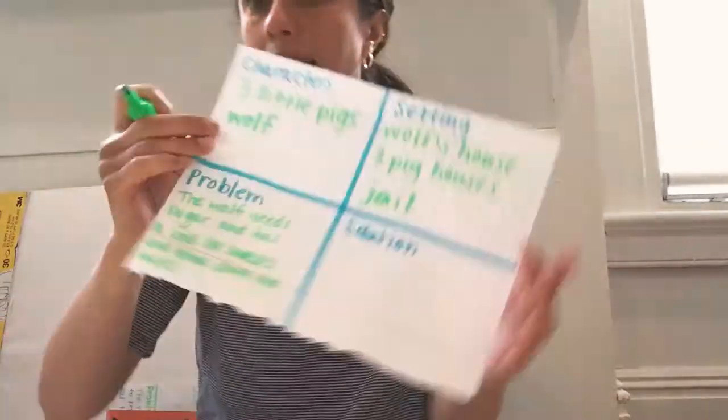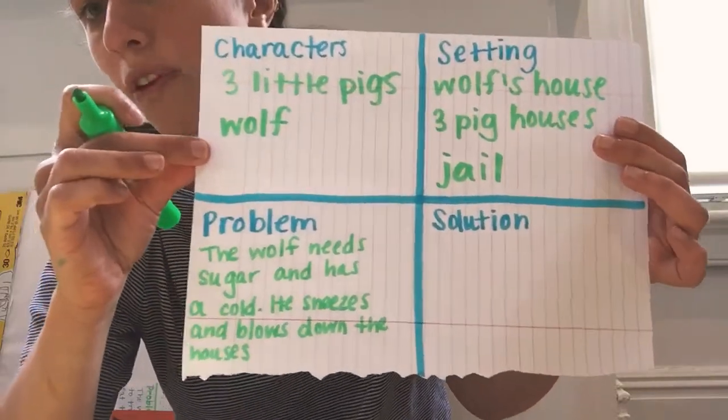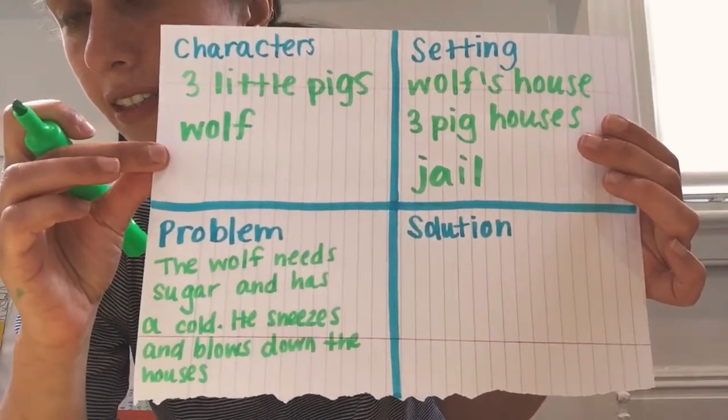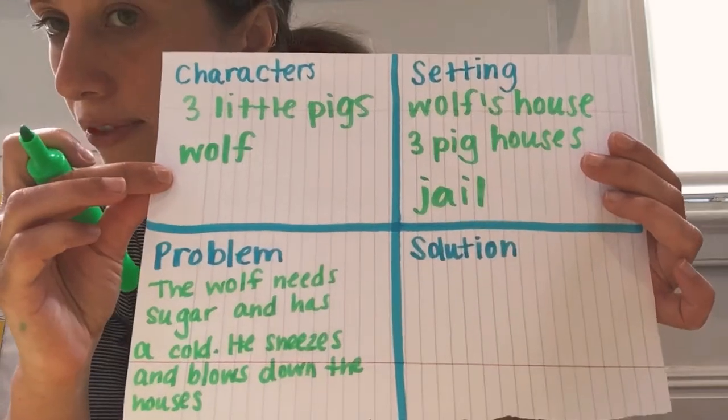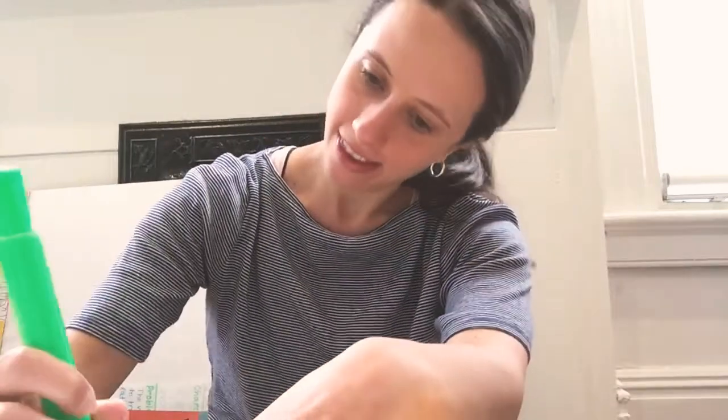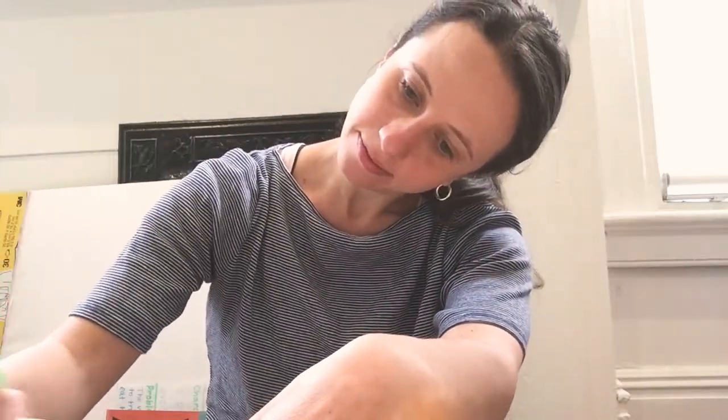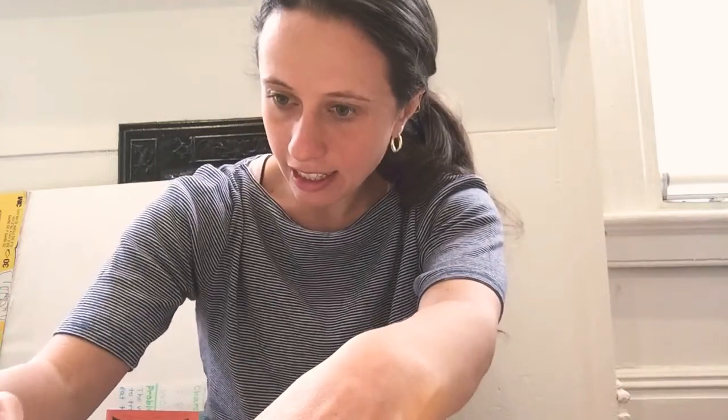This is what I have so far. The wolf needs sugar and has a cold. He sneezes and blows down the houses. And then we can write and kind of accidentally eats the pigs. And I'm going to write eats the pigs.